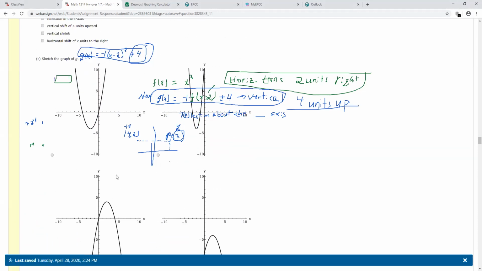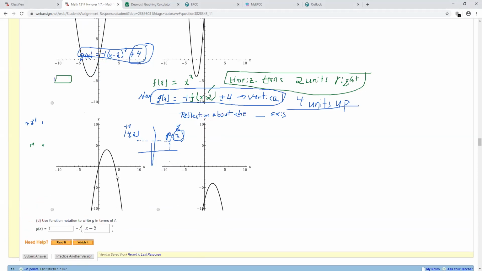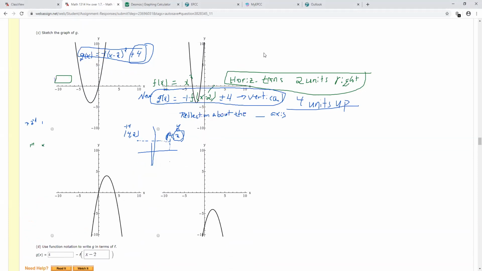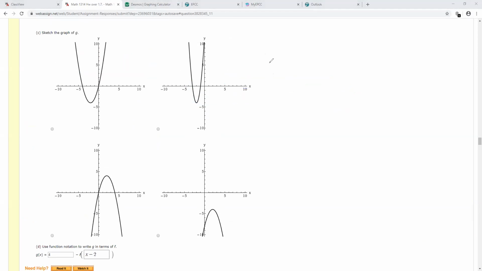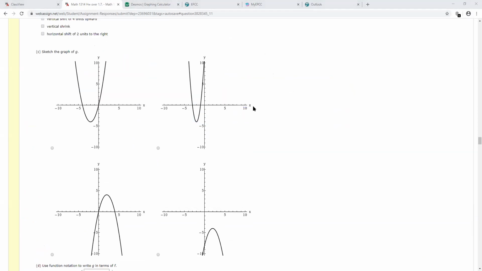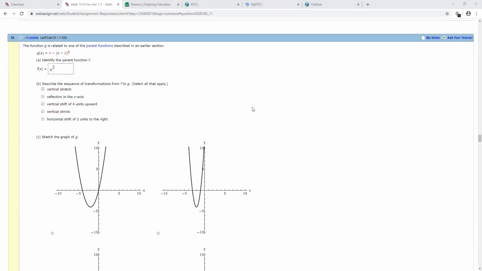And now I kind of have a mess here, but now we look at match the graph. Oh, I forgot, we've got to click these. So what was the first thing we said that was going on here? This was a shift horizontally 2 to the right.